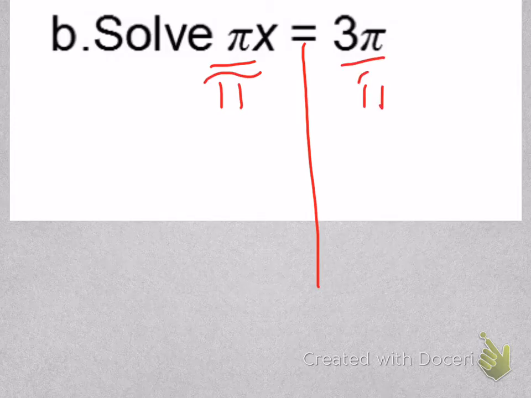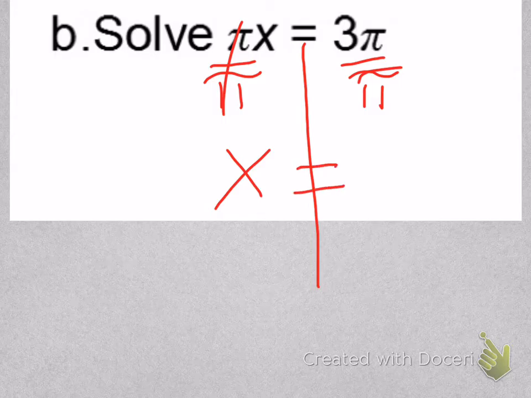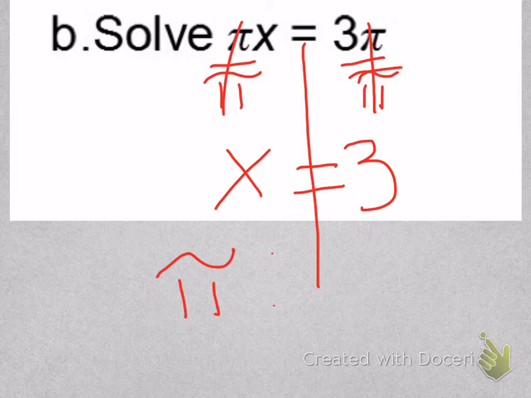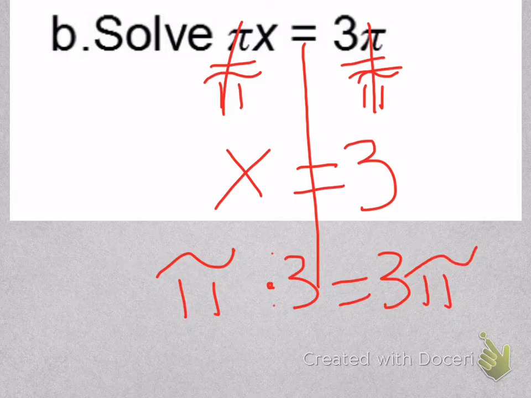So pi divided by pi is 1, and the pi's cancel out, so I'm just left with x. 3 pi divided by pi, the pi's cancel out, so I'm left with 3. So x equals 3. If we plug it in, pi times 3, does that equal 3 pi? Yes, it does.